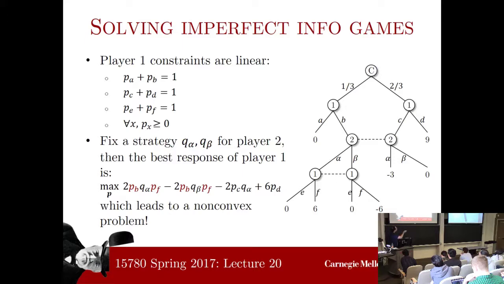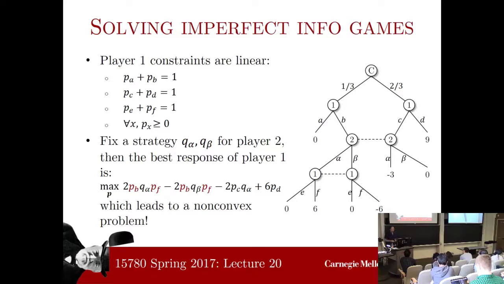And these nodes are in the same information set, so he has to choose between E and F, and he does it just once, in a sense. It has to be the same probabilities for both of these nodes. So again, we have the constraint PE plus PF equals 1. And of course, all of these probabilities are at least 0. This is just saying these are the probabilities of playing each action in each node.